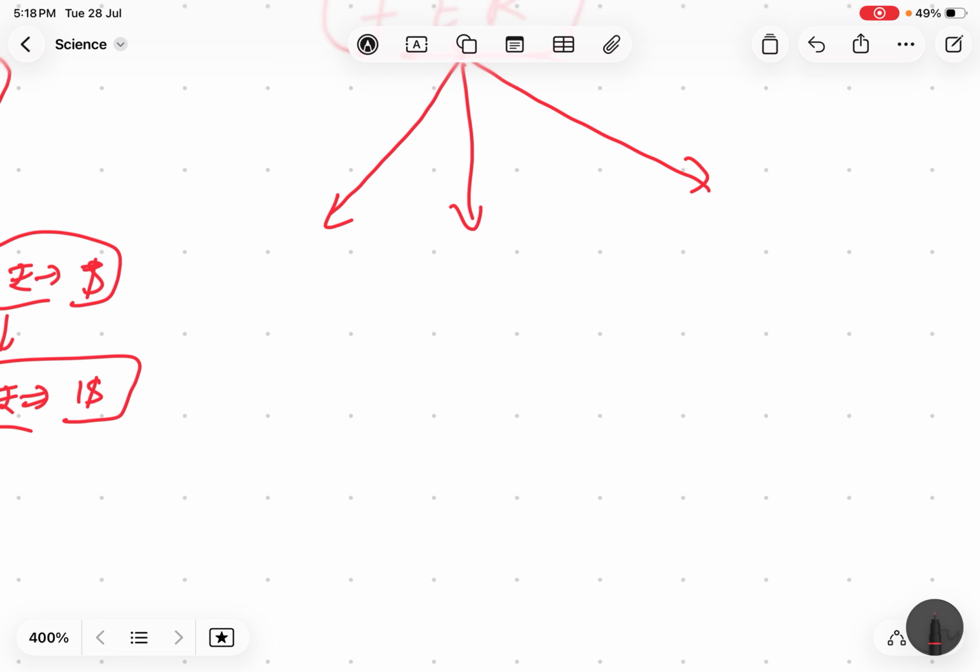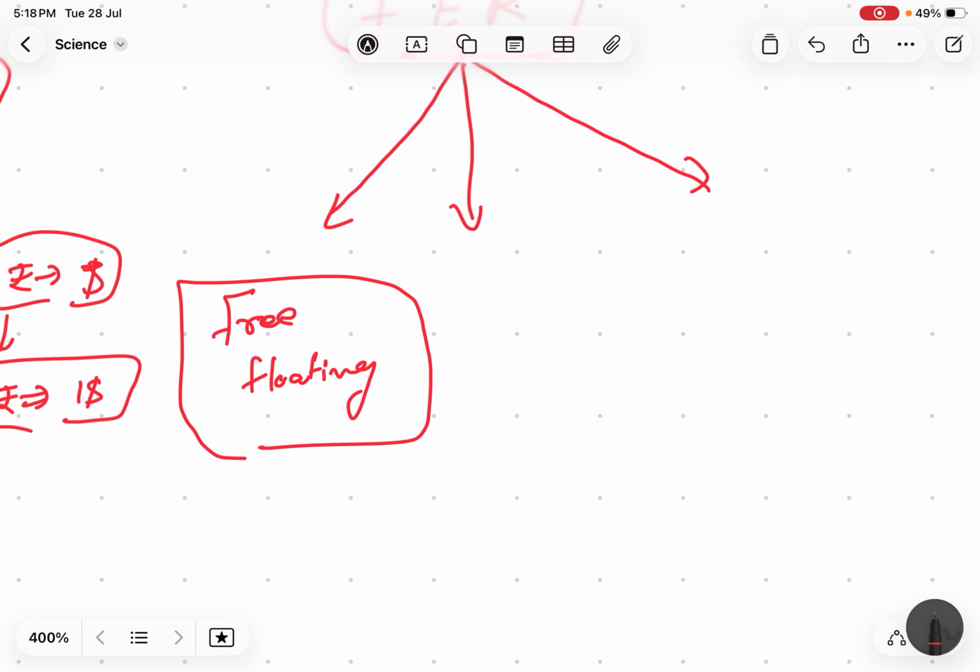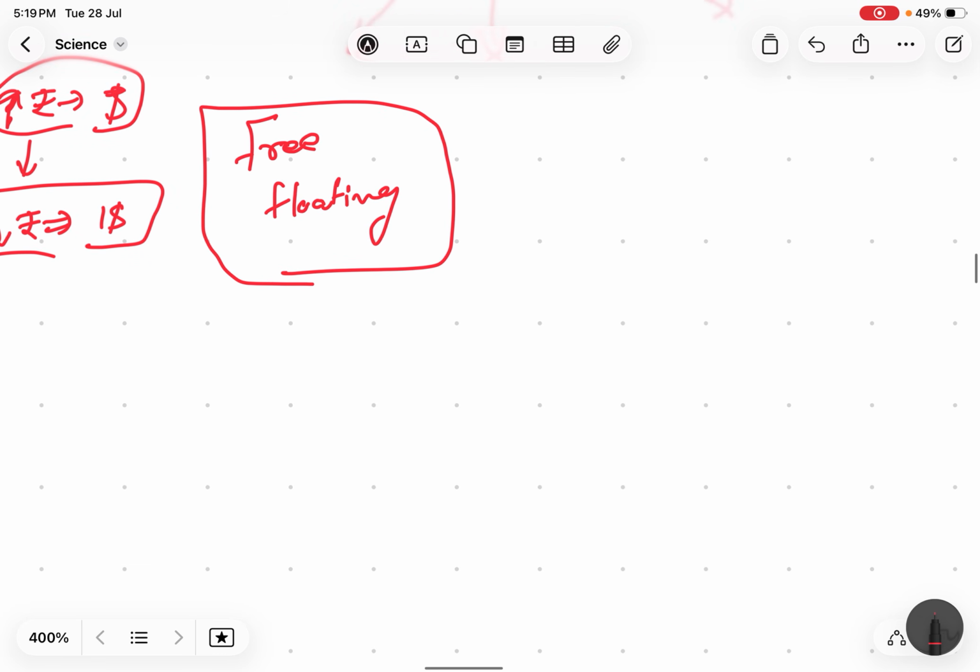The first one is free float. So what does free floating mean? Free floating means that two currencies, for example the rupee and the US dollar, are not managed by any central bank or any kind of agency.